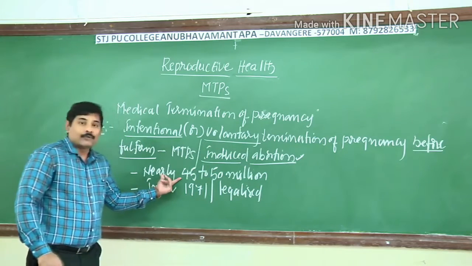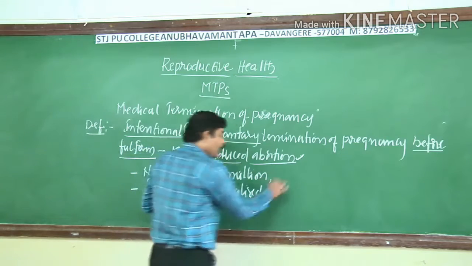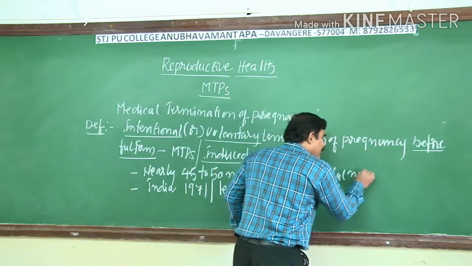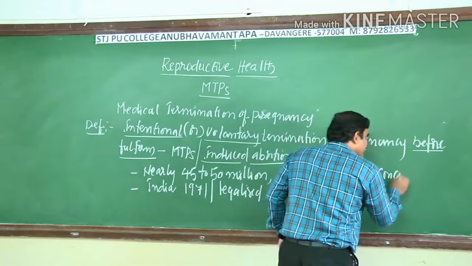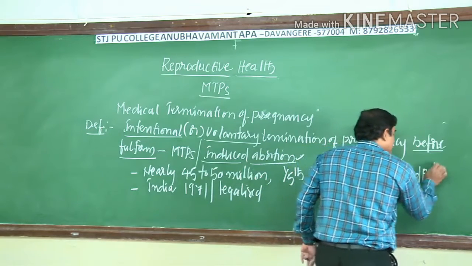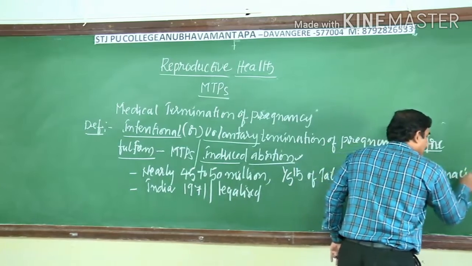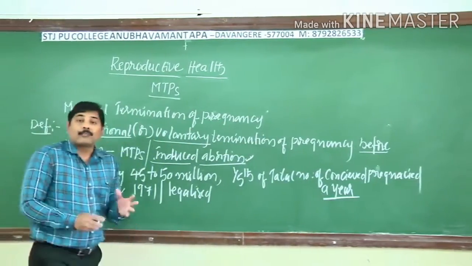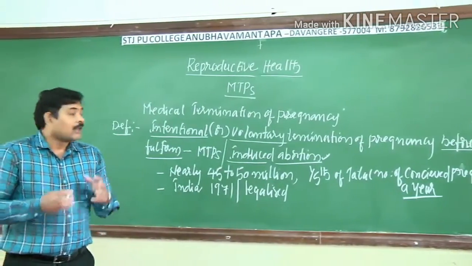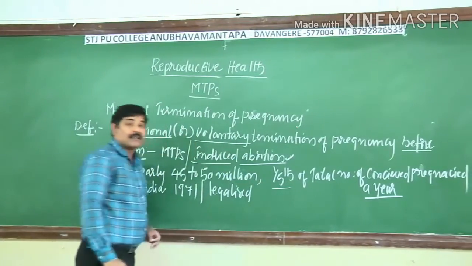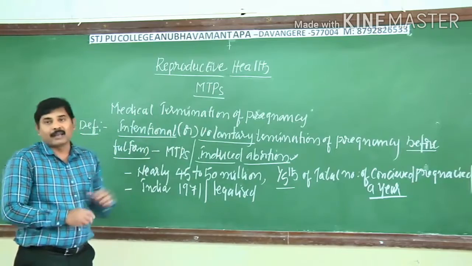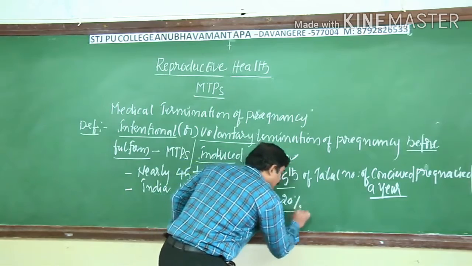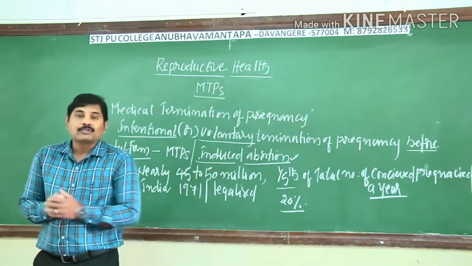If you calculate, almost 1/5 of the total number of conceived pregnancies in a year are intentionally terminated, and in percentage it is almost 20% of pregnancies throughout the world.